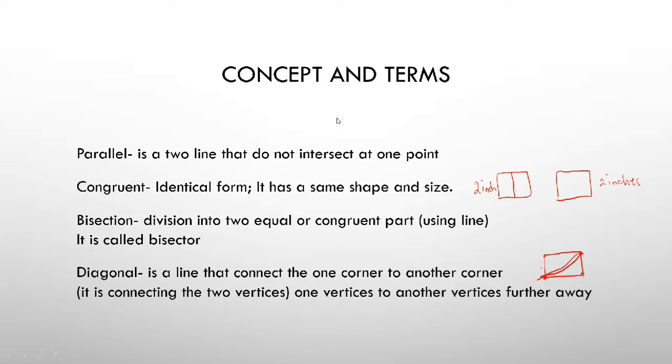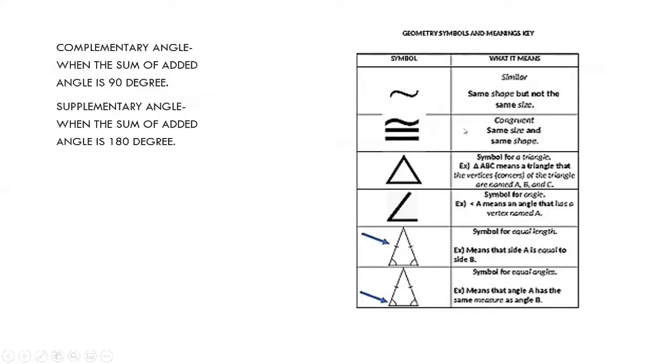Now, other terms that we need to remember are the complementary angle and the supplementary angle. Complementary angles are angles whose sum is 90 degrees, which means a right angle. And supplementary angles are angles whose sum is equal to 180 degrees.